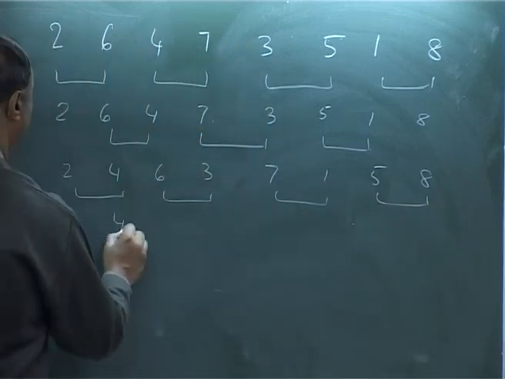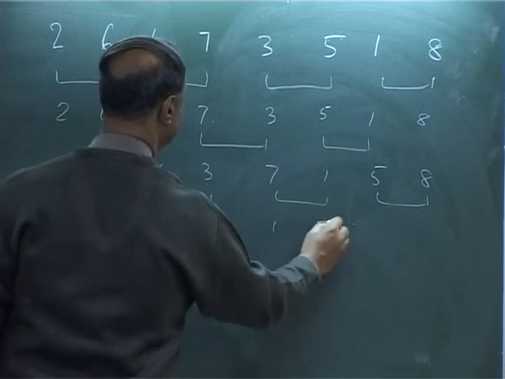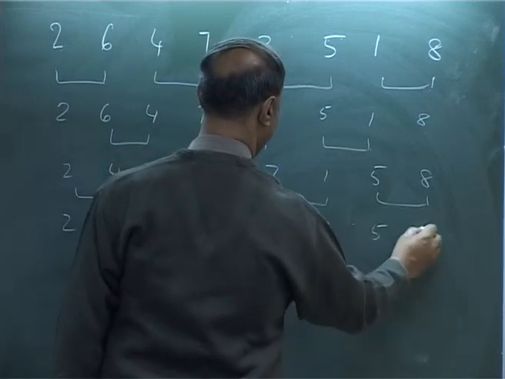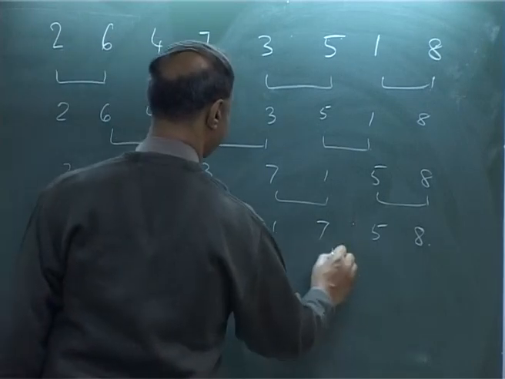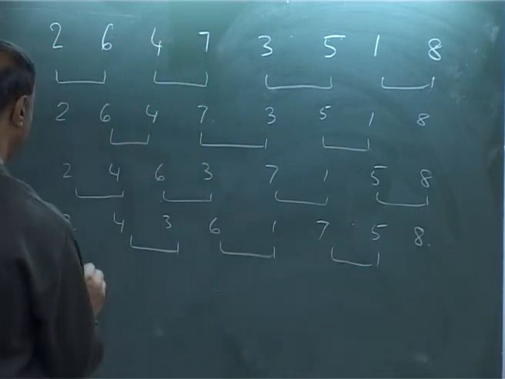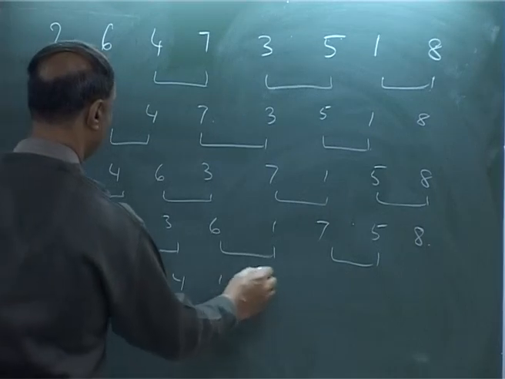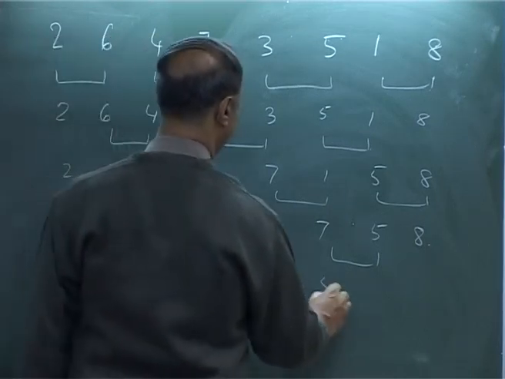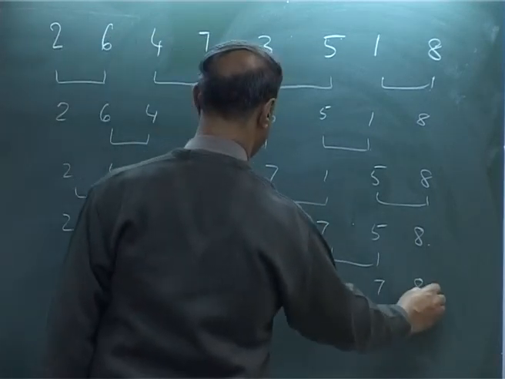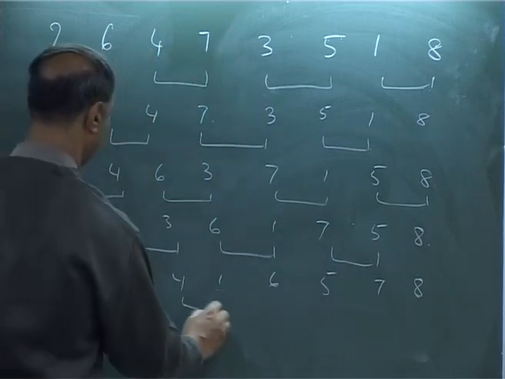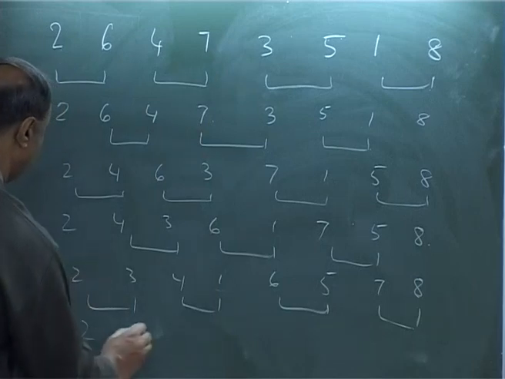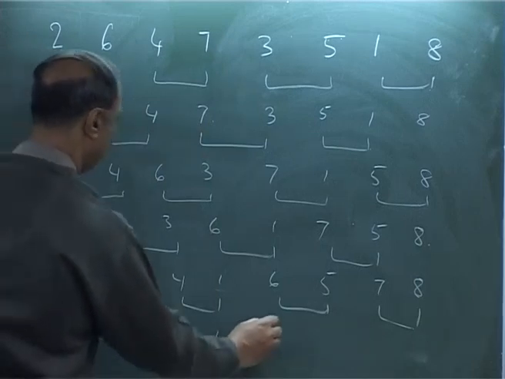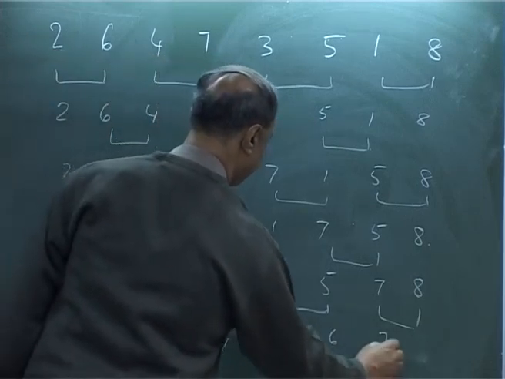You get 2, 4, 3, 6, 1, 7, 5, 8. You get 2, 3, 4, 1, 6, 5, 7, 8. You get 2, 3, 1, 4, 5, 6, 7, 8.